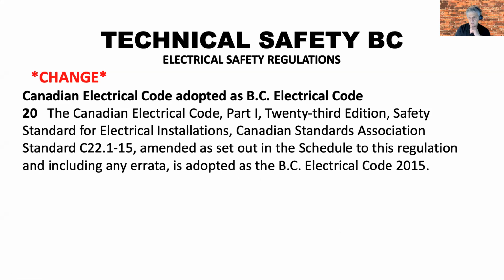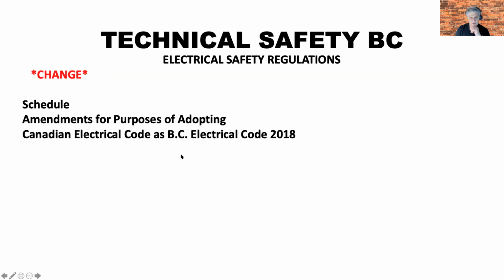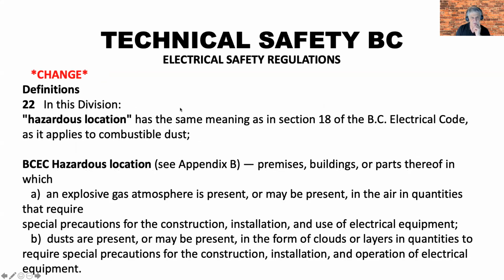Now let's just go to the, we seem to be missing something here. There we go, go back. All right, so in the changes here as well, definitions: a hazardous location has the same meaning as in section 18 of the BC Electrical Code as it applies to combustible dust.